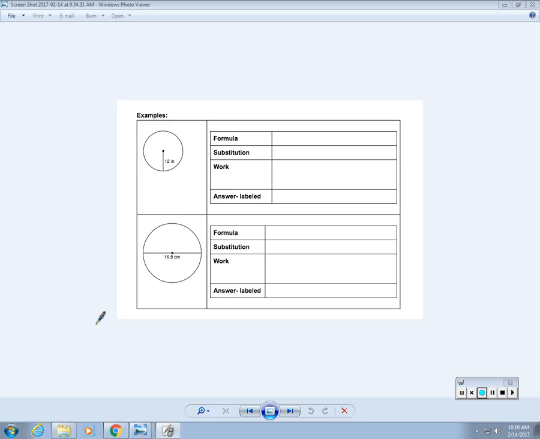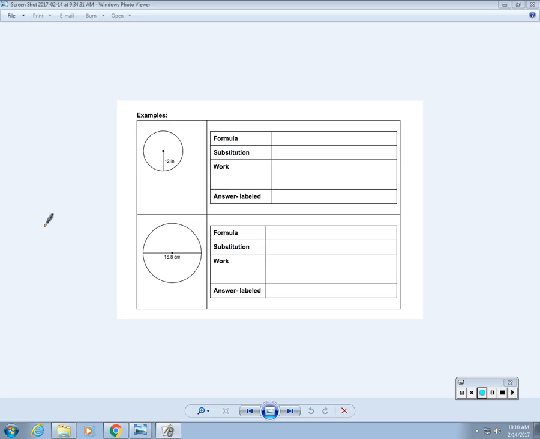Add these together. We get 2, 5. Wait, the 8 plus 2 plus 1 is 11. 8 plus 2 is 10, plus 1 that I carried is 11, plus 1 more is 12.